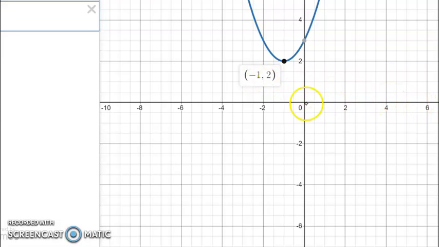But I do not have any x-intercepts, so there are no zeros, no roots. My domain is still all real numbers. My range is y is greater than 2, because my graph goes above it. And this is a minimum value of 2. It is the lowest point on my graph.